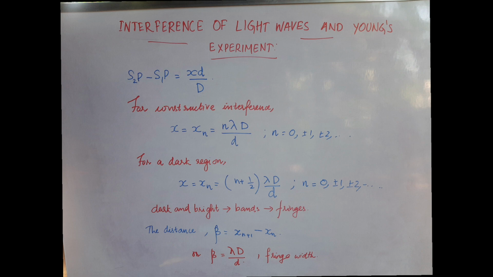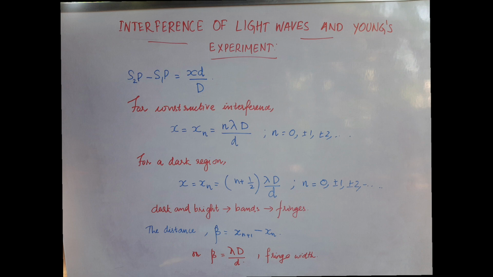Here S2P minus S1P is the path difference. So the left hand side you can write as n lambda or n plus half into lambda, and x can be determined accordingly, whether it is bright or dark. If constructive interference is happening, the region will show as a bright spot.